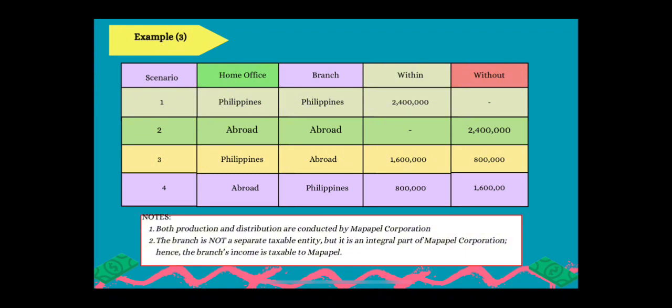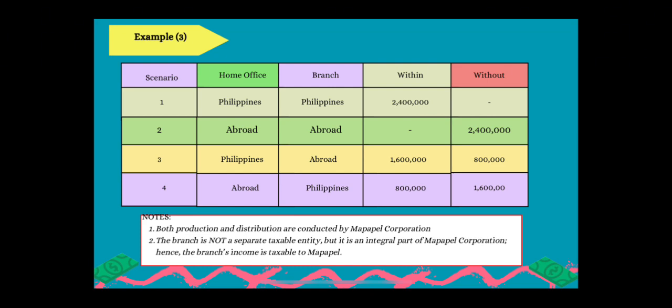And also, as you can see, the 1,600,000, which is the gross income of the home office, is in the column without the Philippines because it will be taxable outside the country. It will not be considered taxable in the Philippines.